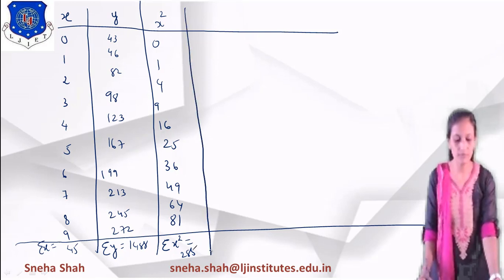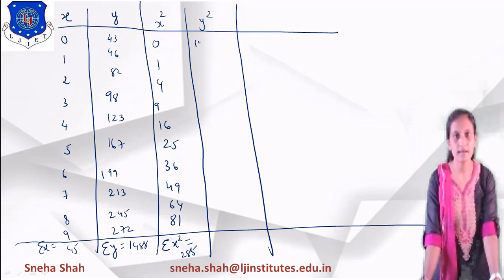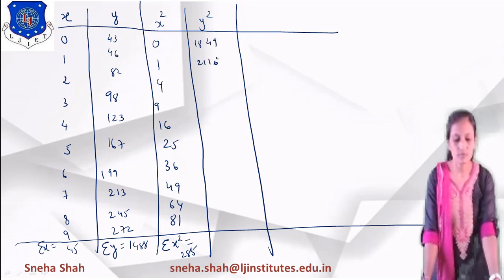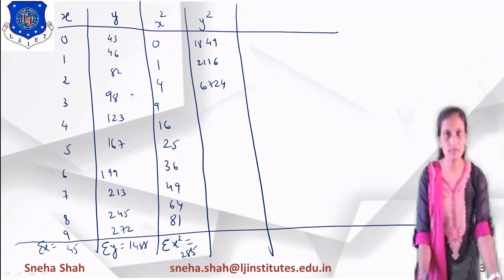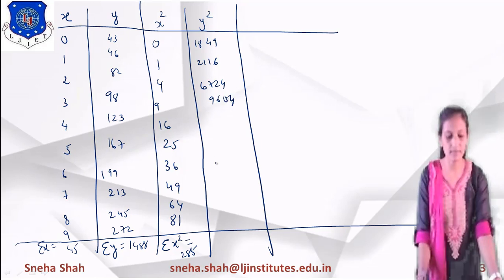Next, we have to find Y square. Y square means the square of 43, which equals 1849. In the same way, we find all the other terms. The square of 98 is 9604, and likewise I find all the other values.